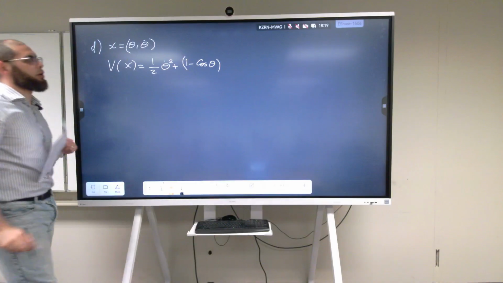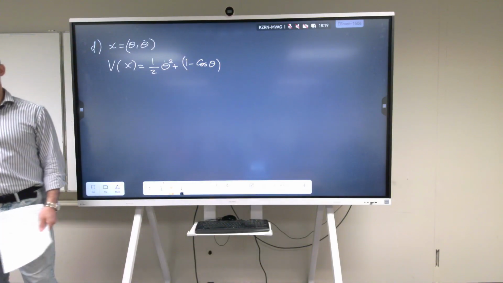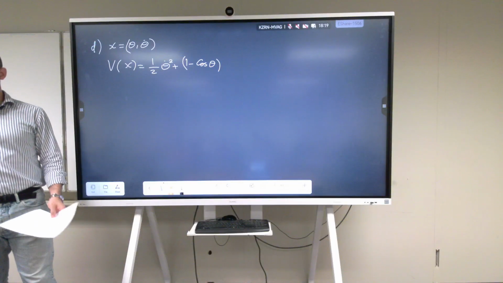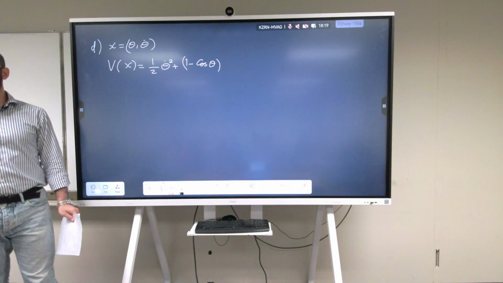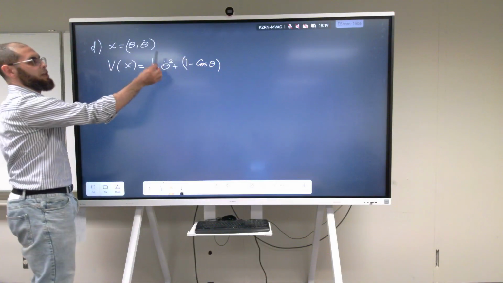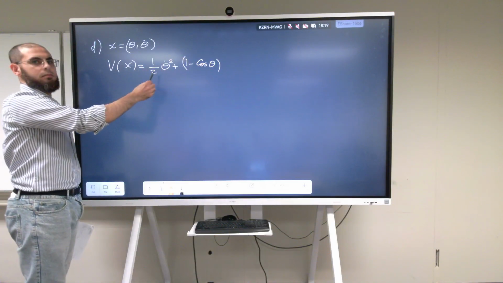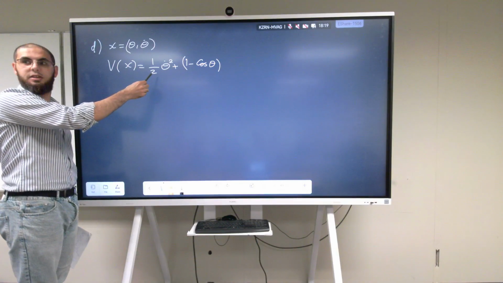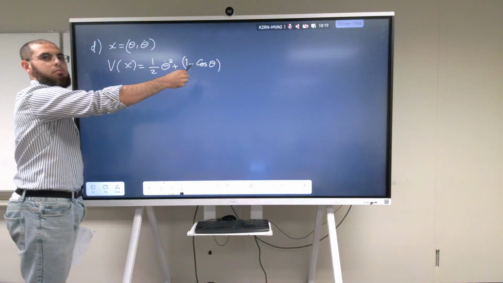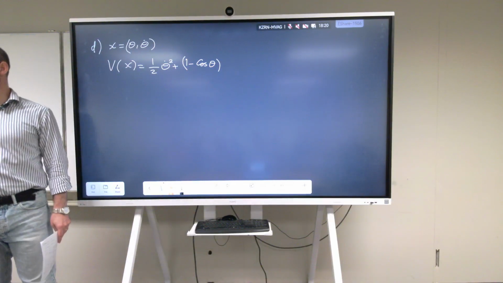Does this ring a bell? What kind of function is this? What does this term remind you of in a pendulum? This is the kinetic energy, and this is the potential energy of the pendulum.